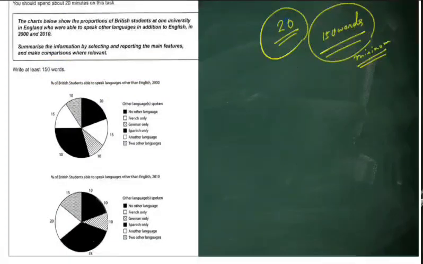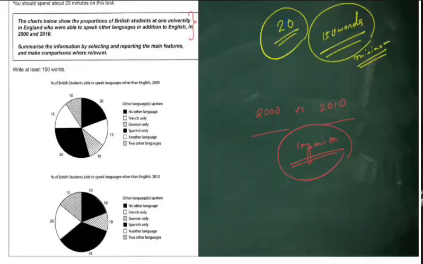As they have given you the topic here already, this is your subject: students at a particular university in England, British students who were able to speak additional languages apart from English in 2 years, 2000 and 2010. So if you look at this, 2000 versus 2010, there's a difference in timeline, right? So this is a comparison of sorts.